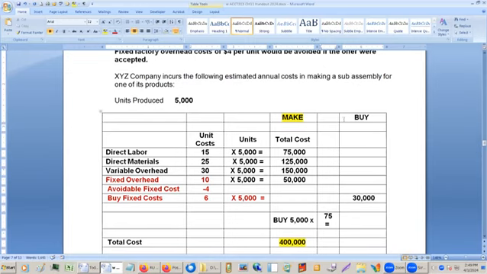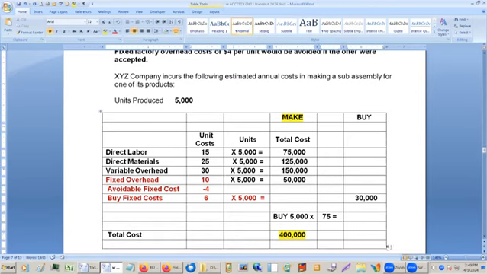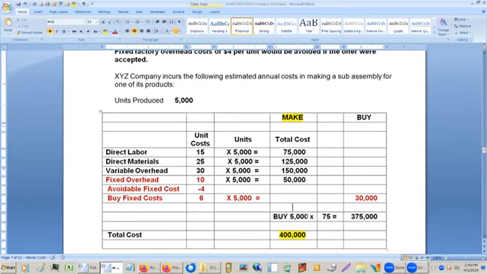I don't like the way this looks. This is confusing. This is not actually part of this column.